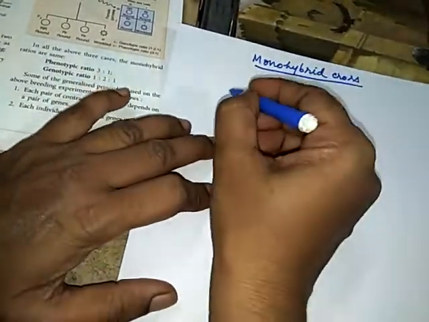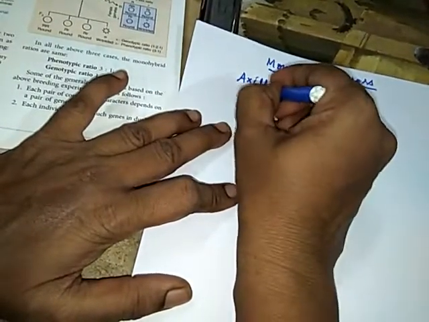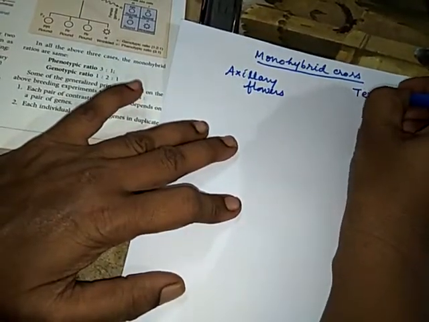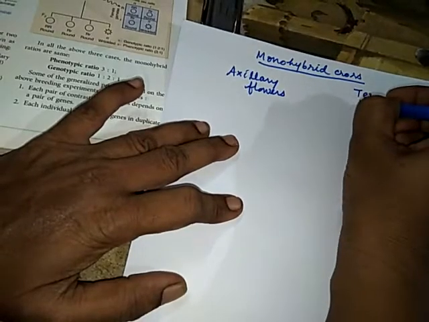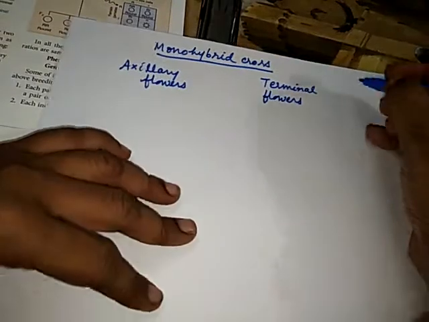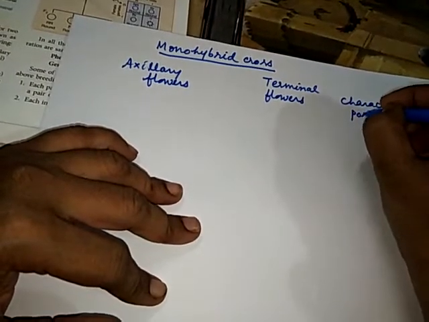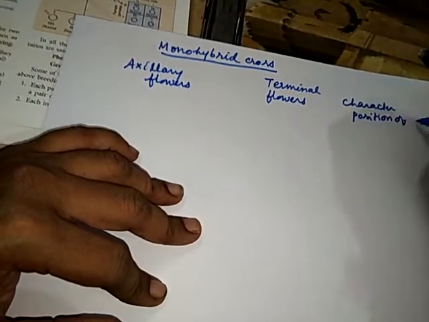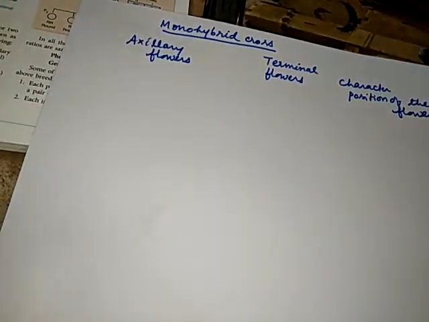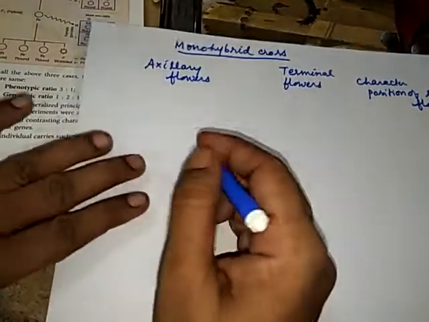The character is the position of the flower, and here we will look at the symbols.